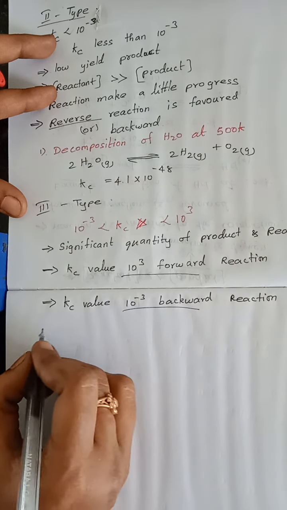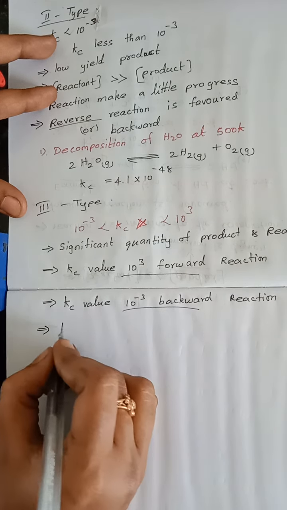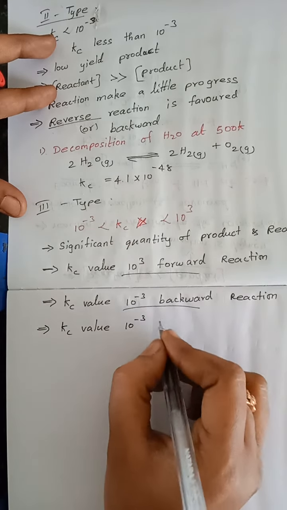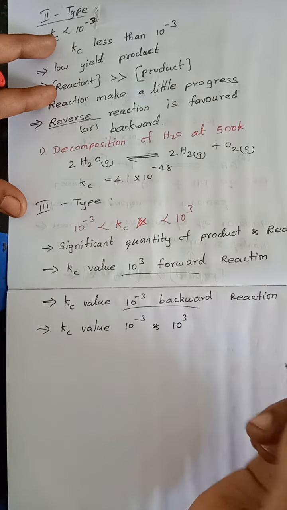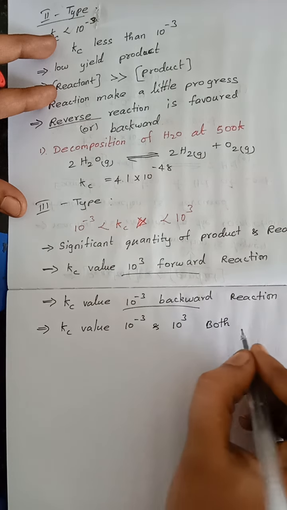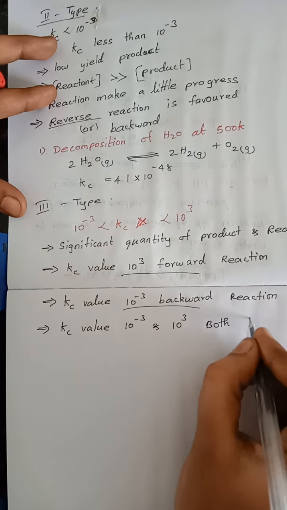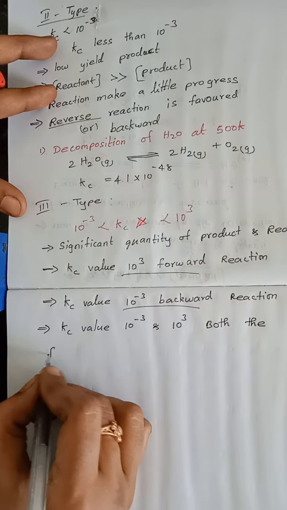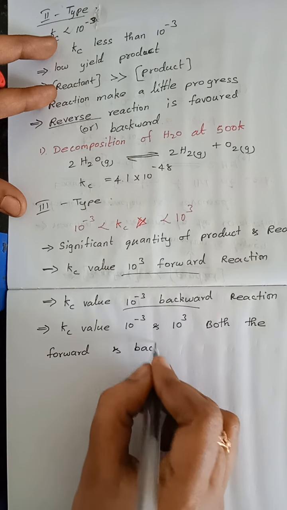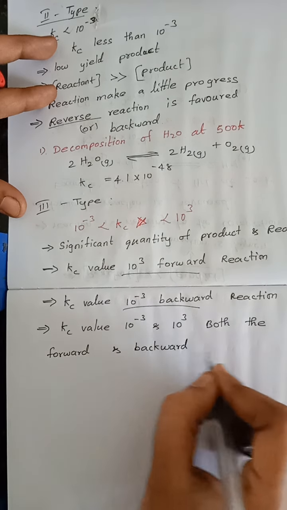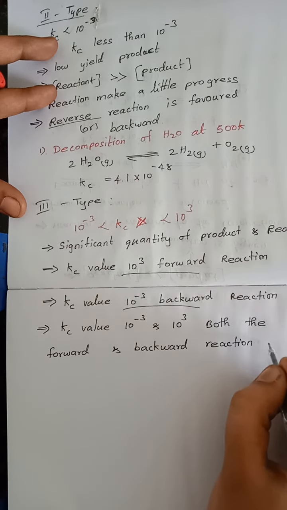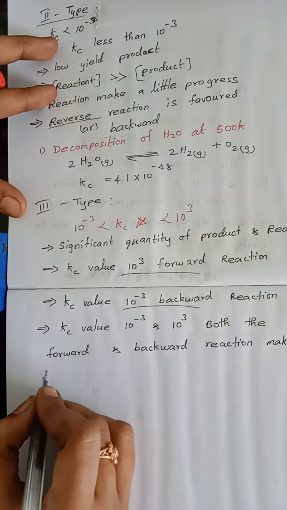So the Kc value between 10 to the power minus 3 and 10 to the power 3 means both the forward reaction and backward reaction make significant progress.